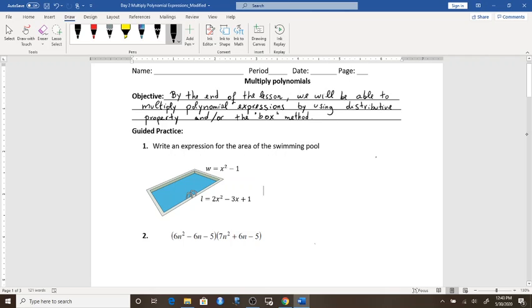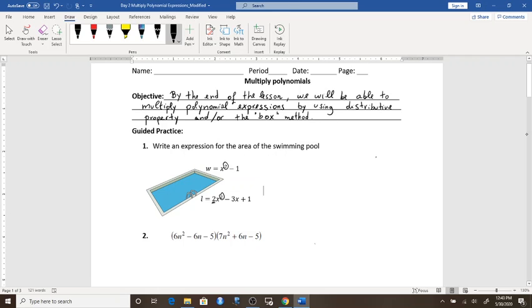Now the width is a second degree polynomial because the largest degree is a 2, and the leading coefficient is 1, because if we only have x squared we have a 1x squared. The length is also a second degree polynomial and the leading coefficient is equal to 2.